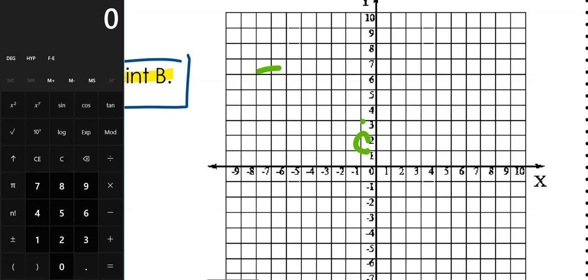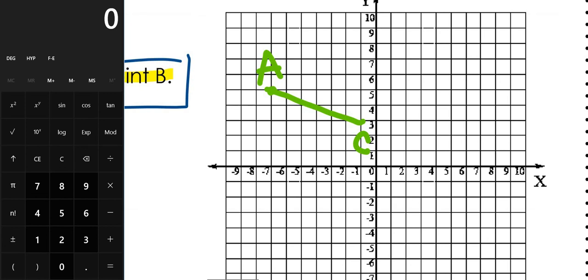I erased a lot there. That was A at (-7, 5), and that was C. Okay, and connect them.